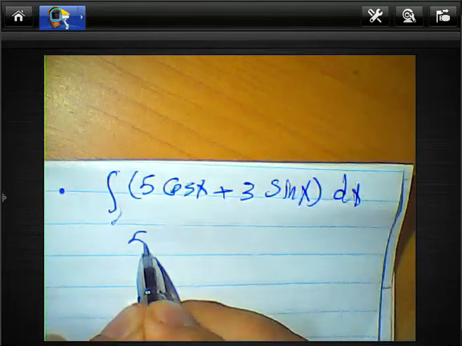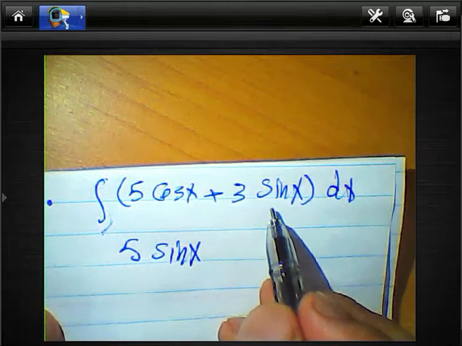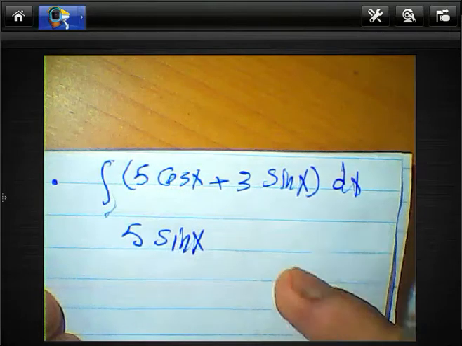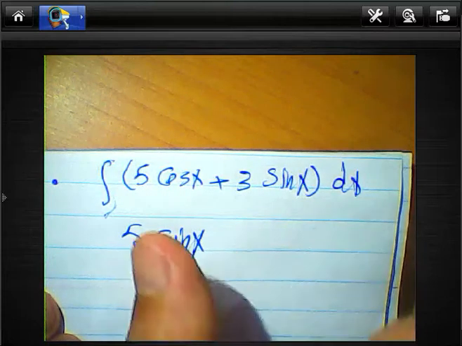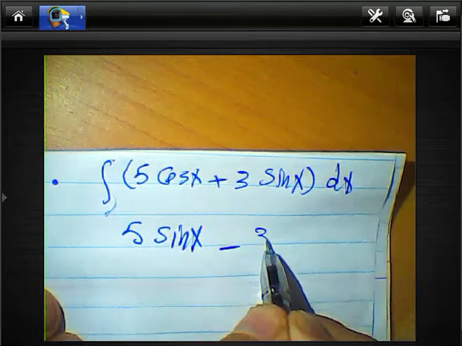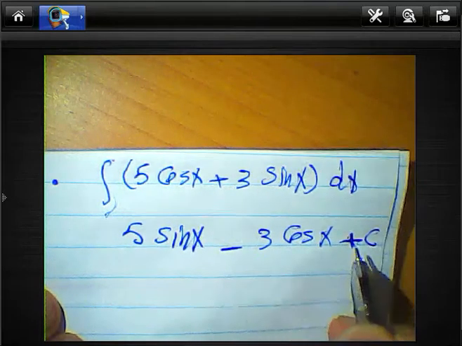So the result will be 5 sine x. And we know the derivative of cosine is negative sine, so the integral of sine will be negative cosine. You can write the negative outside, negative 3 cosine x plus a constant.